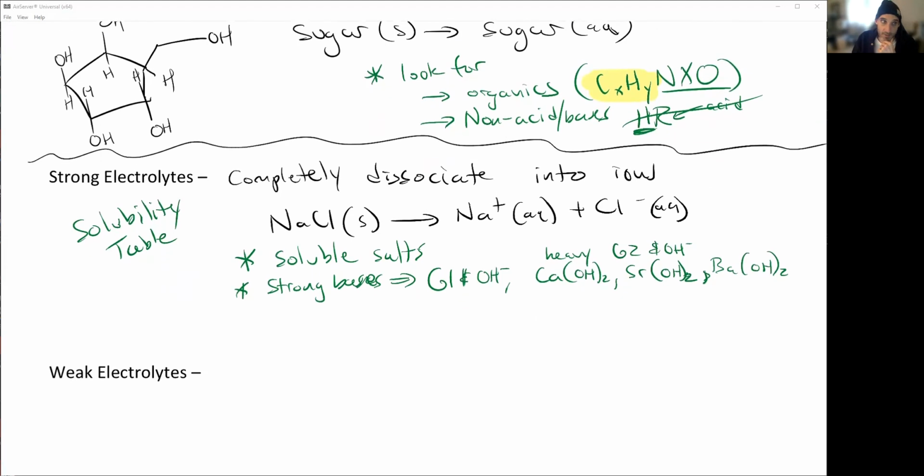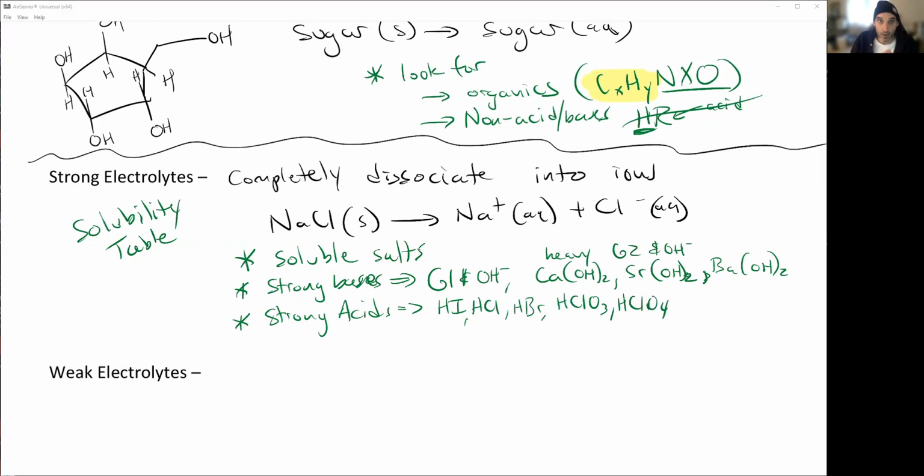Okay, so strong bases. And of course, the strong acids. These ones you do need to know because they're not anywhere to be found on the solubility table. So strong acids: HI, HCl, HBr, the heavy halogens minus HF, then HClO3, HClO4.